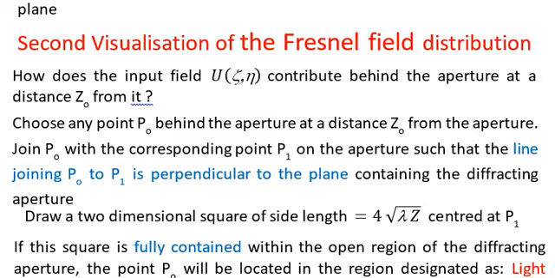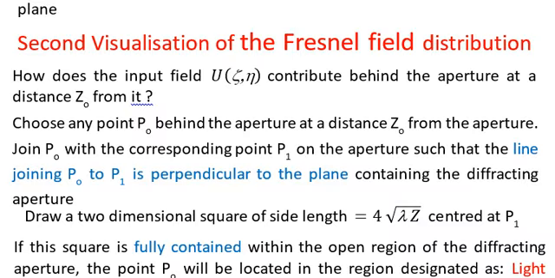Join P0 with the corresponding point P1 on the aperture such that the line joining P0 to P1 is perpendicular to the plane. You see that P1 lies in the clear aperture, and P0 is the point of observation. The distance between P0 and P1 is Z0.